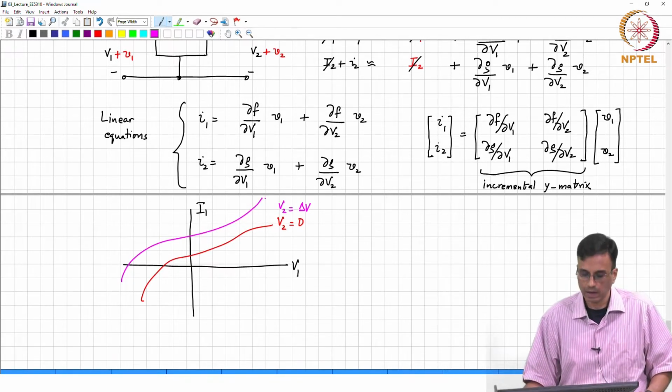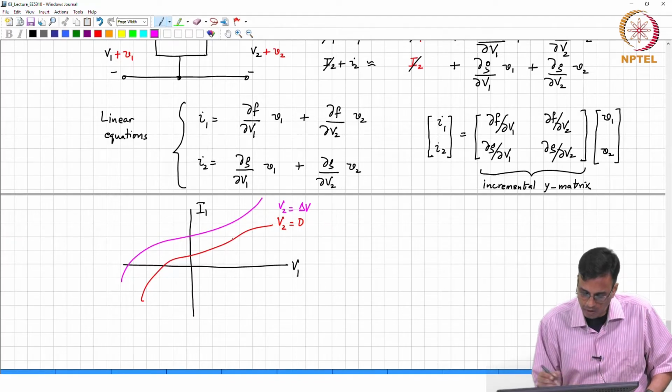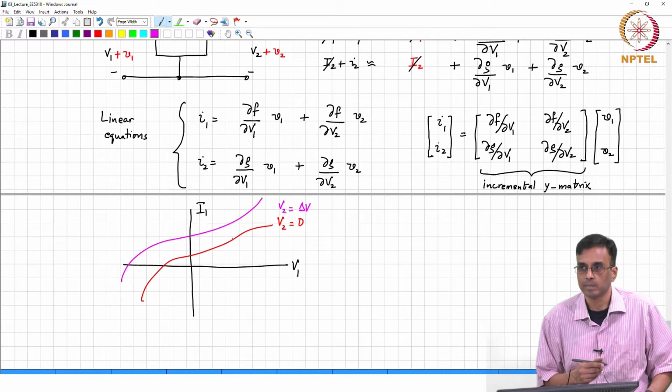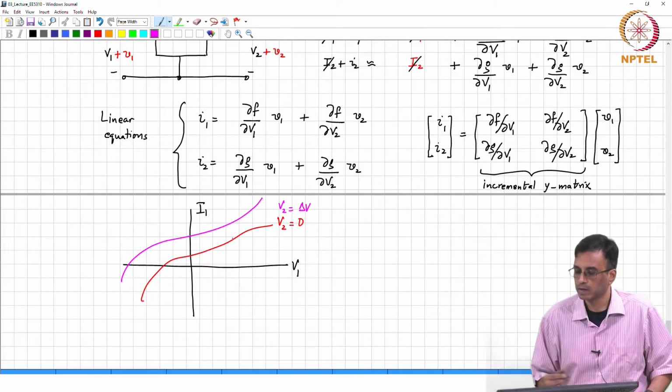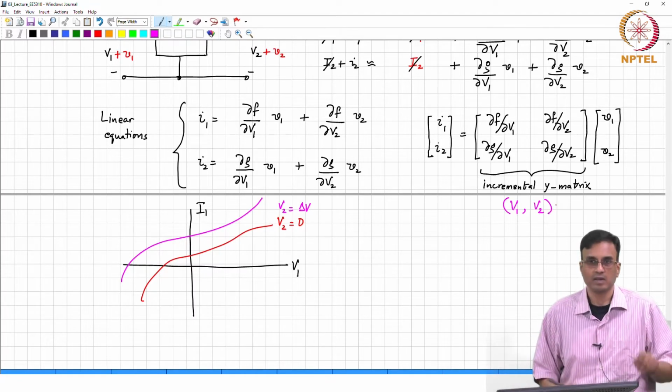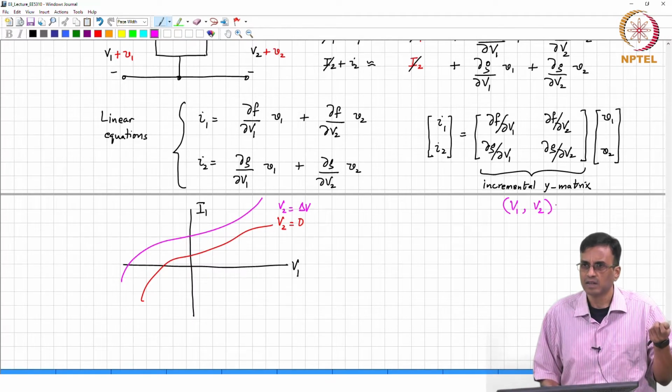Okay. And what constitutes the operating point? What do we mean by the operating point? The operating point is V1 comma V2.